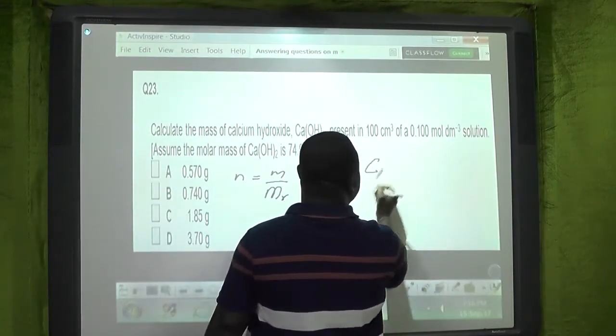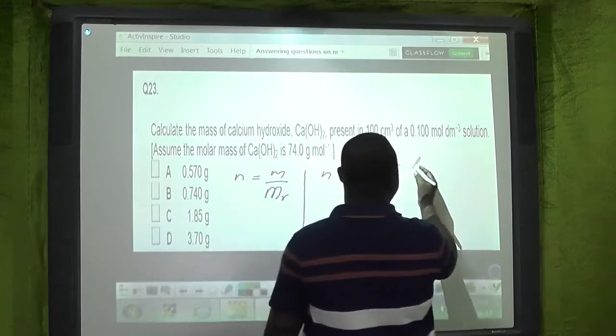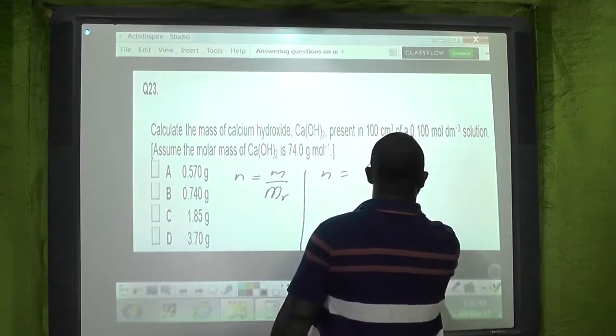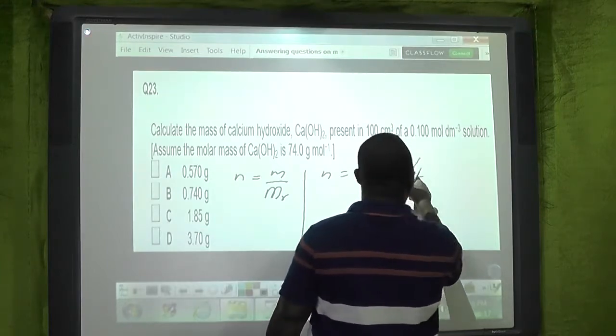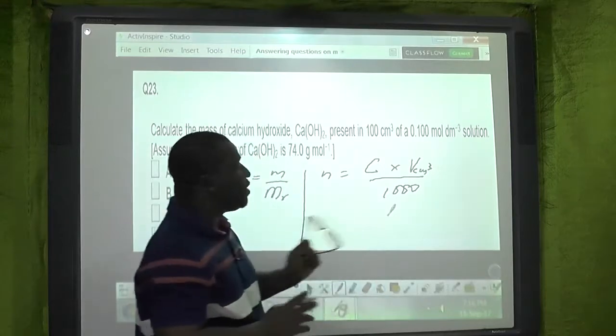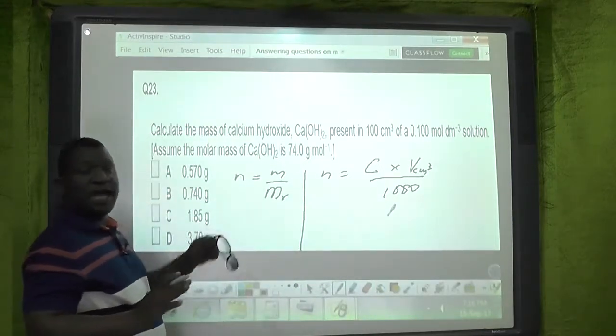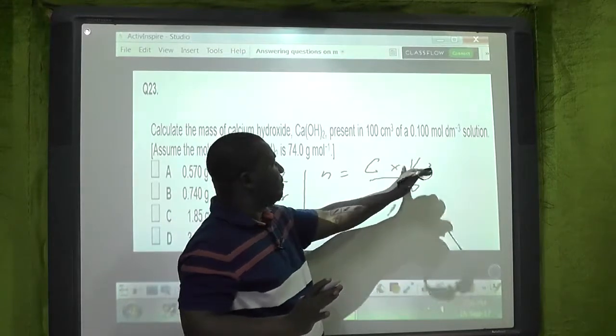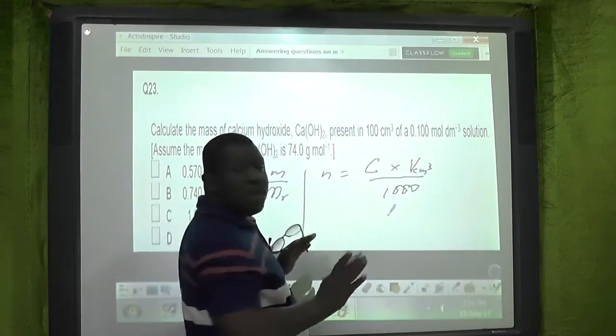We know concentration multiplied by volume in dm³, or we say volume divided by 1000. You say volume in cm³ divided by 1000, or you say volume in dm³ directly. You convert the volume first and you multiply by concentration. Or many of you like to do it like this: this multiplied by this divided by 1000 is the same thing.